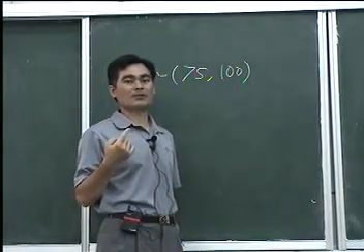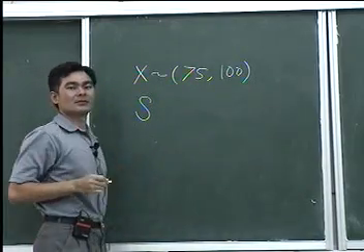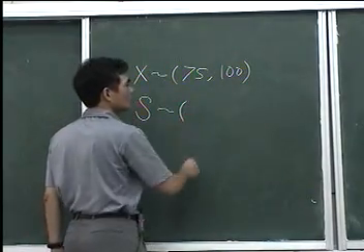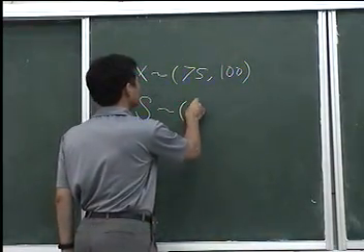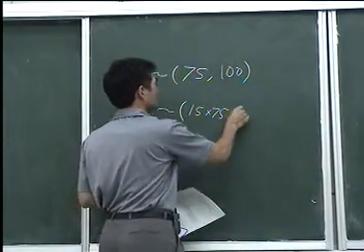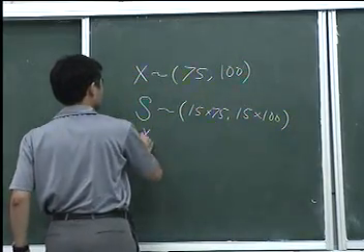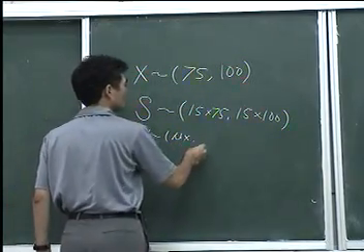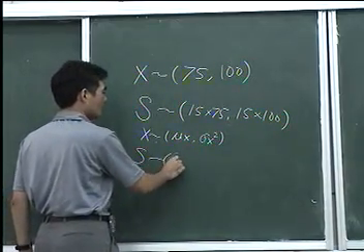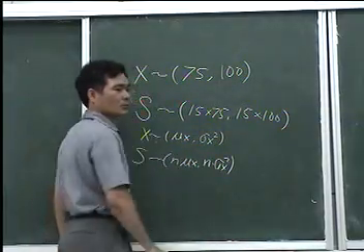So we are actually talking about the sample sum, okay? So we have 15 times 75, and then 15 times 100, because we know if X has distribution mu x, sigma x squared, then the sample sum has mean n times mu x and variance n times sigma x squared.